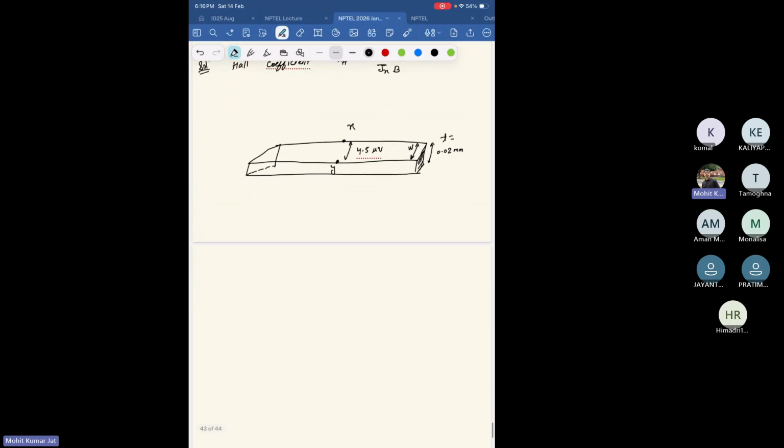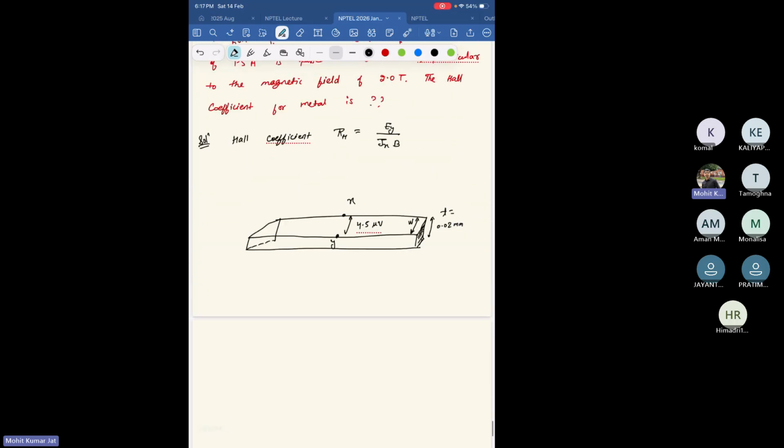Now, if I ask you, how do you write the Ey? Because here we need Ey, Jx, and B. Let me write Ey. Ey is the electric field in the transverse direction. Jx is the current density in the X direction.